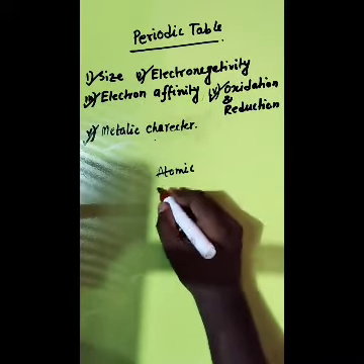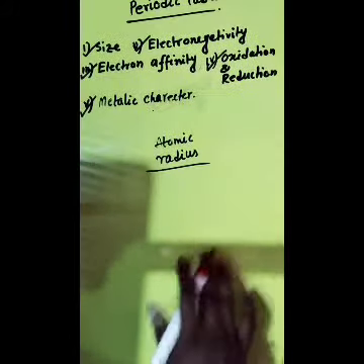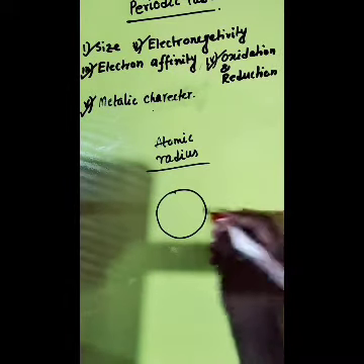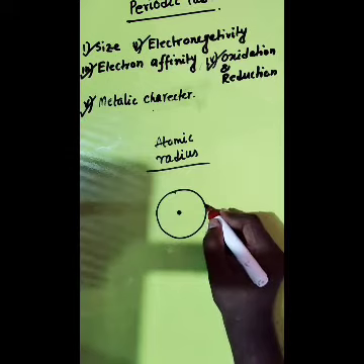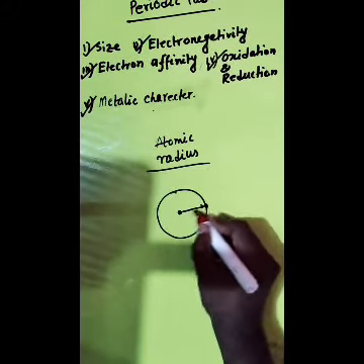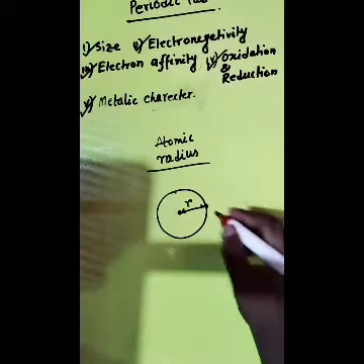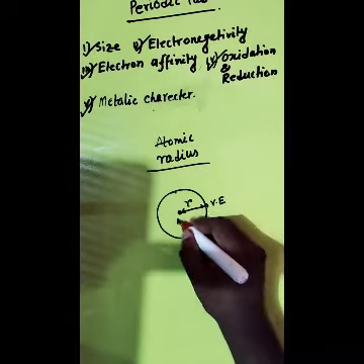So atomic radius: if we consider an atom, then the distance between the nucleus and the valence shell is known as atomic radius. This atomic radius totally depends on the attraction force between the valence electron and the nucleus.